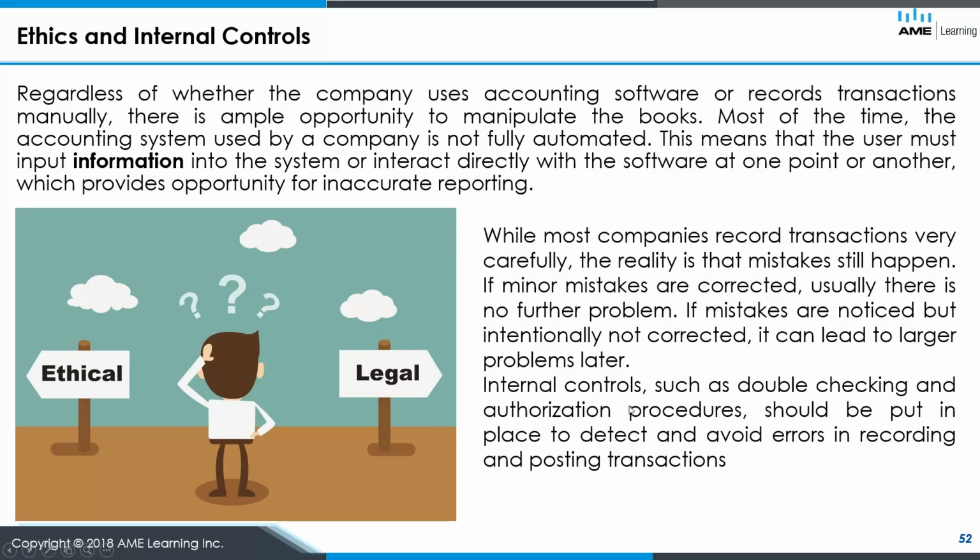And then using internal controls, things like double checking authorization procedures. So that would be, it requires some sort of authorization from a manager, etc., to complete some kind of process. Double checking, I think this is built into software.